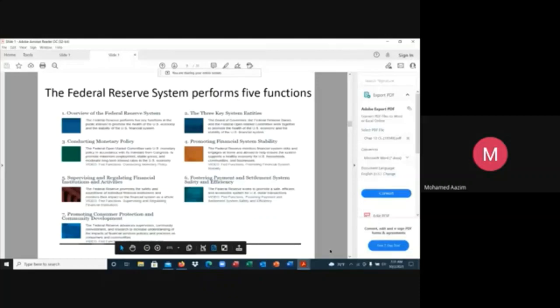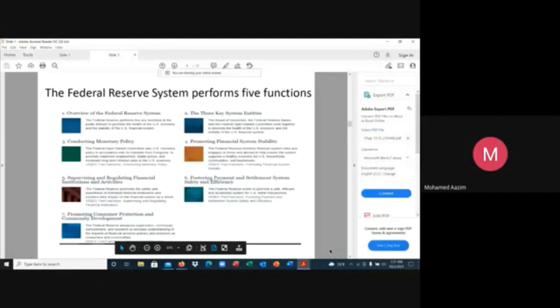And of course, you probably see everybody is cautious and mostly using online transactions to that extent. So payment and settlement system efficiency and safety is also another very important function.